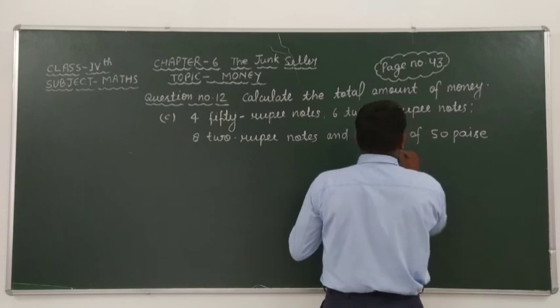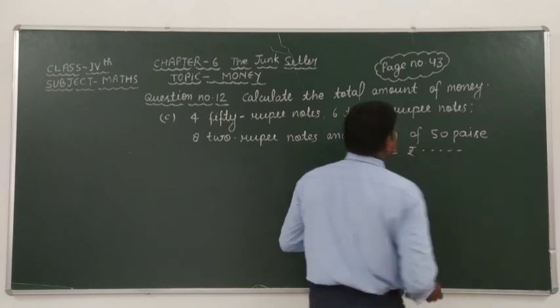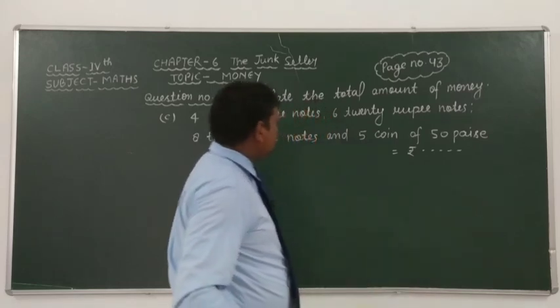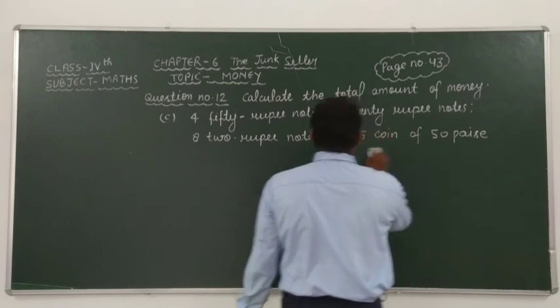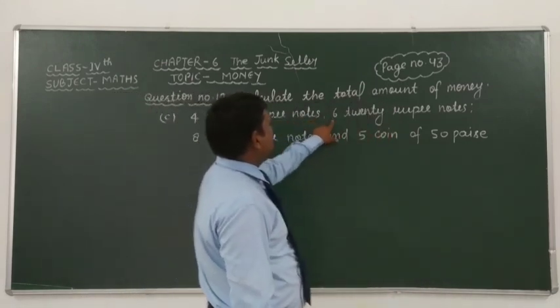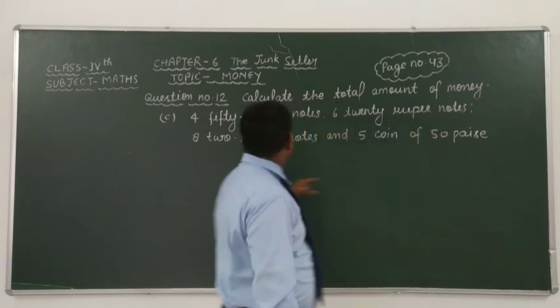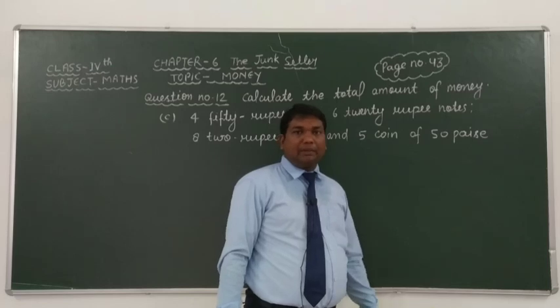Okay, students, how many total rupees? Look here carefully. In this question, it is given 4 50-rupee notes, 6 20-rupee notes, 8 2-rupee notes and 5 coins of 50 paise.